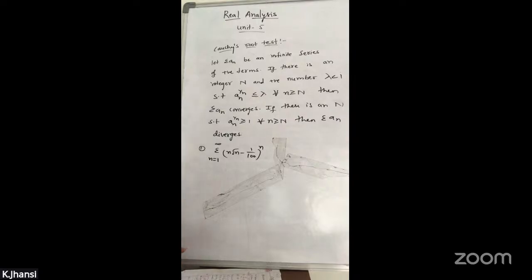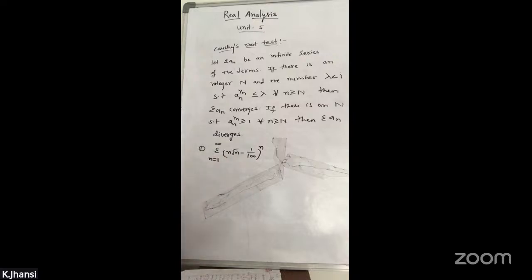In the question it is not mentioned which test to use, so by seeing the problem you have to understand and apply a test. Here, since the power is n, you can use Cauchy's root test. Why? Because we take an to the power of 1 by n, so the n gets cancelled and what remains is the an value.